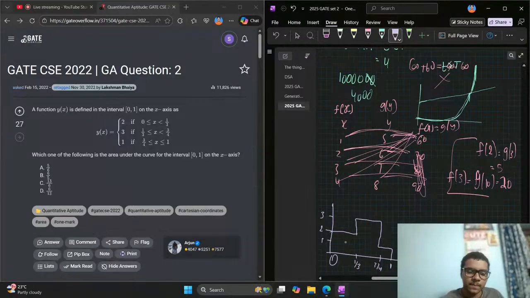So what is the area? 1 by 3 times 2 plus, what's the difference? 3 by 4 minus 1 by 3. 12 is the LCM, so that will be 9 minus 4, 5 by 12. 5 by 12 times 3 plus 1 by 4 times 1. 2 by 3 plus 15 by 12 plus 1 by 4.